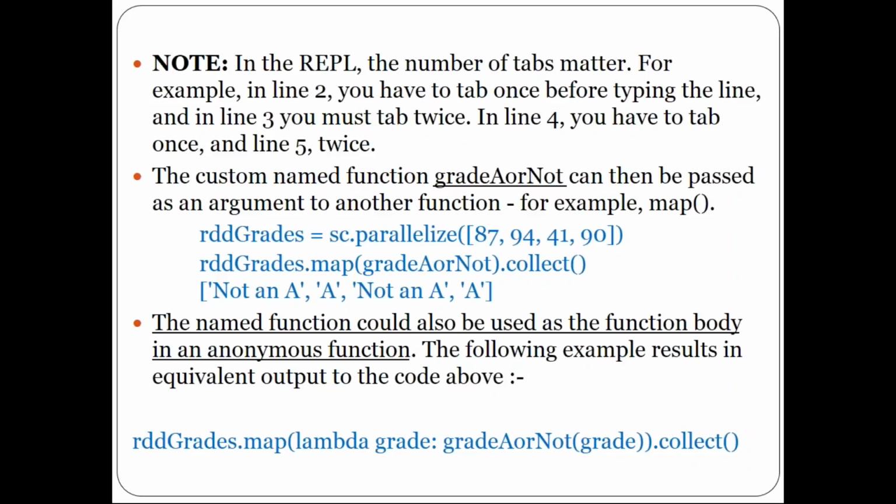The named function could also be used as a function body in an anonymous function. So the whole agenda of this one is you have to understand the way one function can be used in another function, or one function's arguments are used in the structure of the other function's body. Okay, that's what it is.